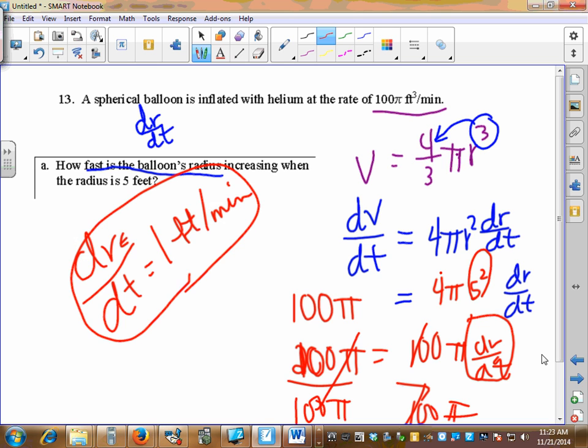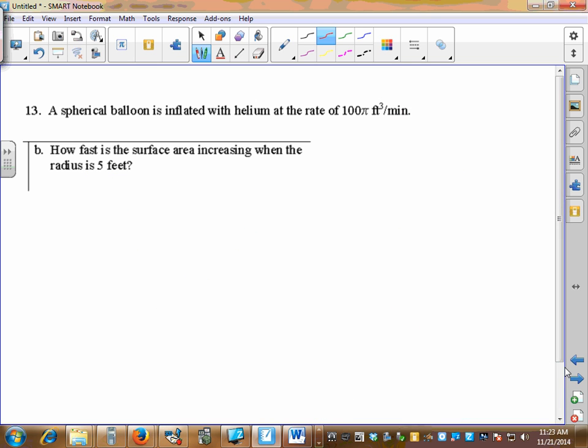All right, now for our last problem. We want the surface area, and that surface area formula is 4 pi r squared.